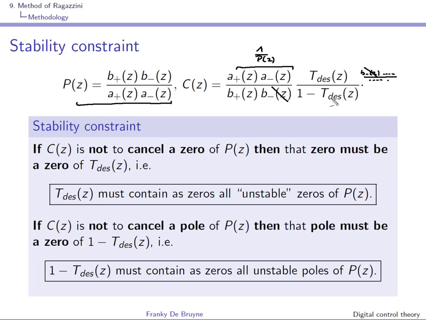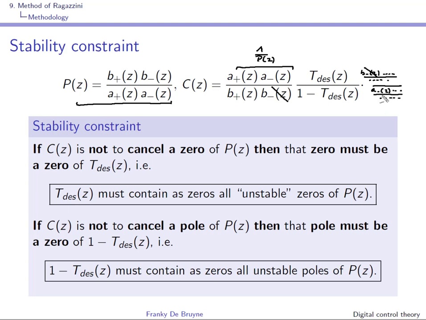unstable poles are a factor of 1 minus t desired. So 1 minus t desired must contain as zeros all unstable poles of the process p of z. So we must have here that we have a minus z times something divided by something.